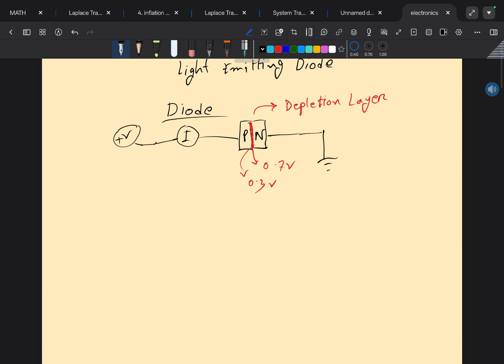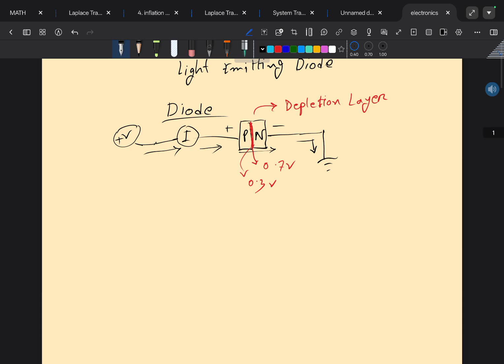The current should follow this path, go through the PN junction and to the ground, considering the PN junction is connected in forward bias mode. Forward bias means the P part goes to the positive and the N part goes to the negative side of the circuit.